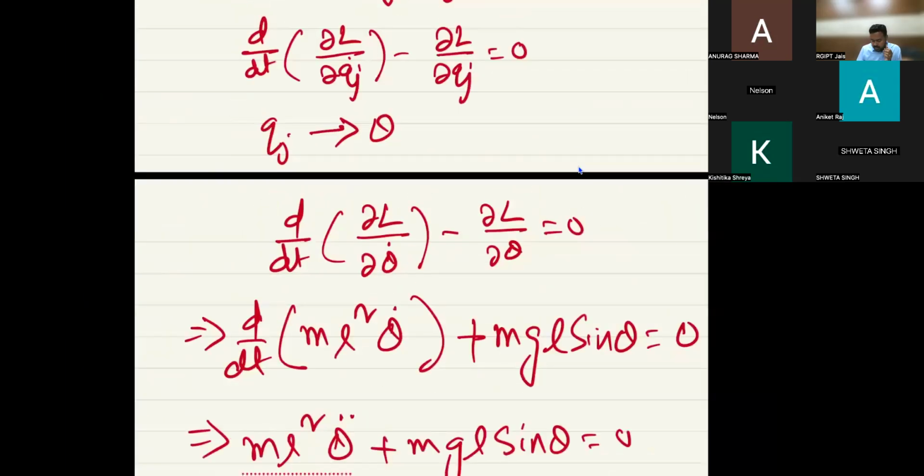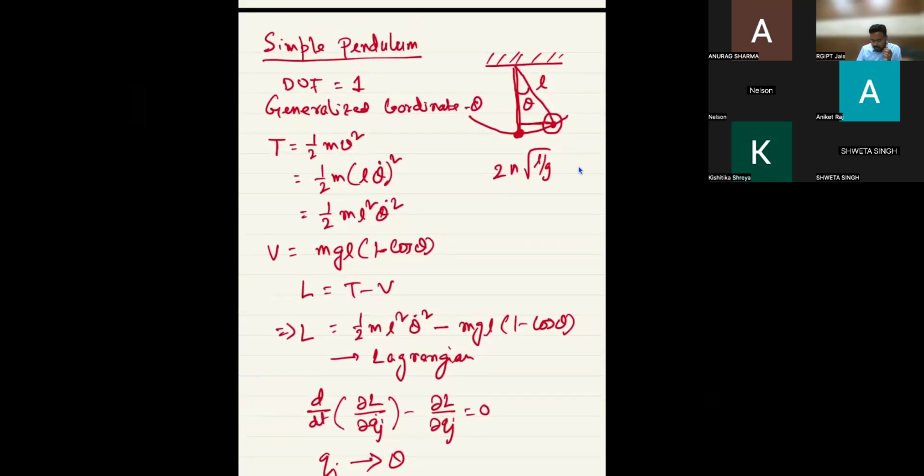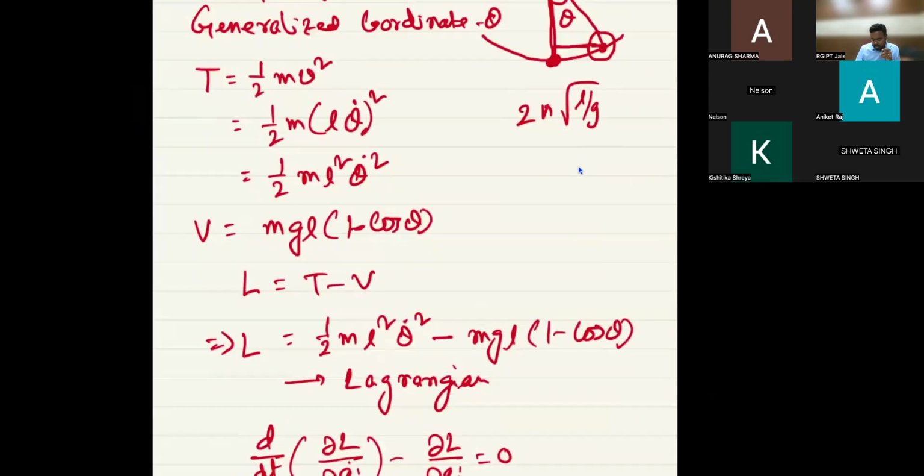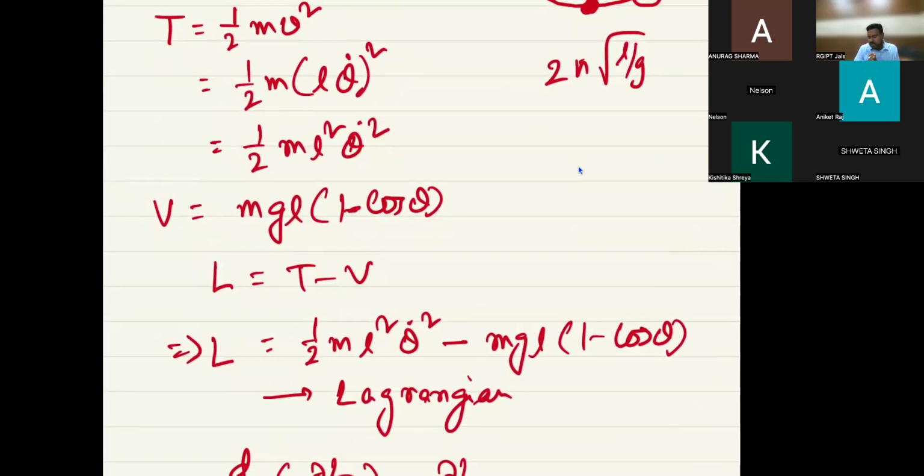Okay. So this way you can solve this simple pendulum problem using the Lagrangian method. Now, you might be asking that you can solve this using Newtonian mechanics also, so why do this complicated process? That answer will be given in the next class.